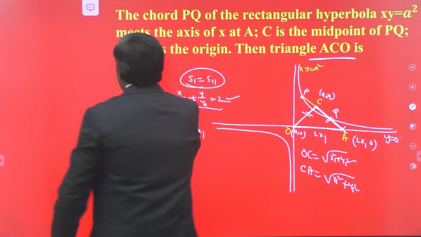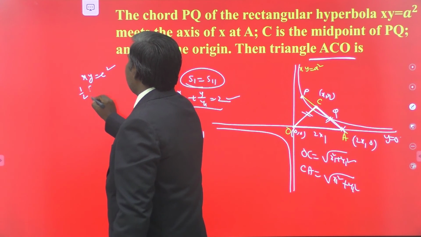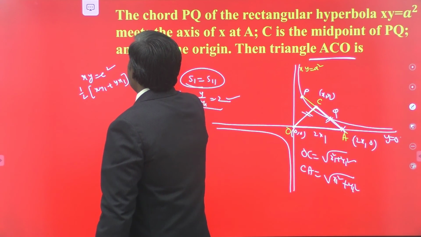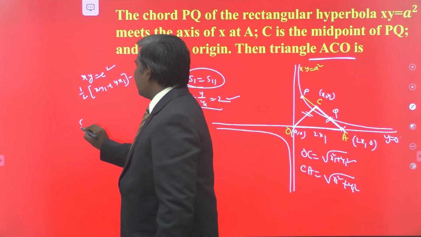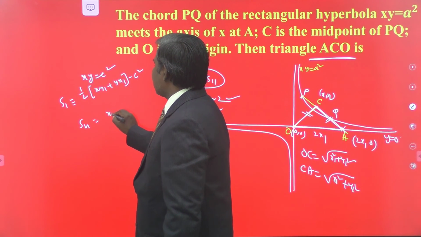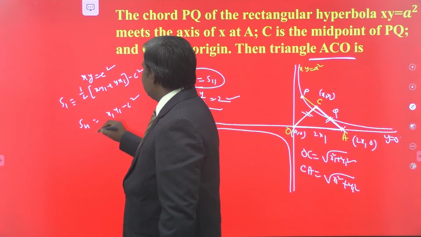How to write S1? This is xy equals c square. That is half of (xy1 plus yx1) minus c square. This is for S1. S11 is what? S11 means x1 y1 minus c square. What about S1 equals S11?